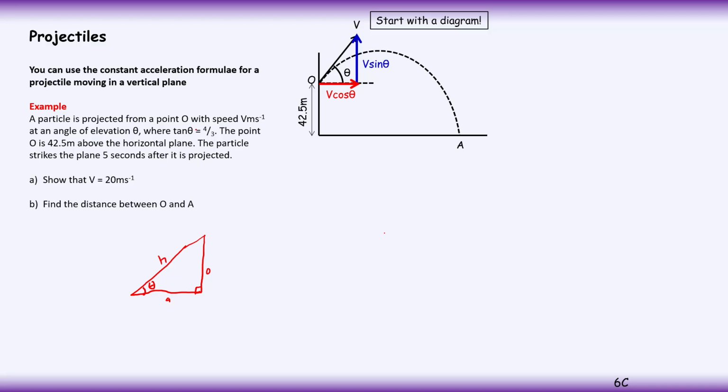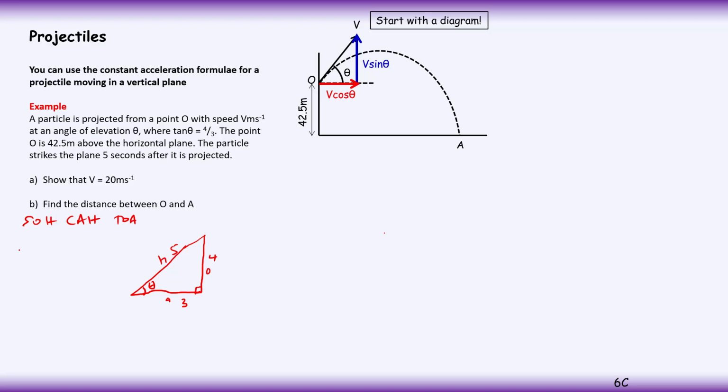So, SOHCAHTOA. Tan is opposite over adjacent, so tan theta is opposite, which is 4 over 3. So that means by Pythagoras, h is going to be 5. Got a 3, 4, 5 triangle.